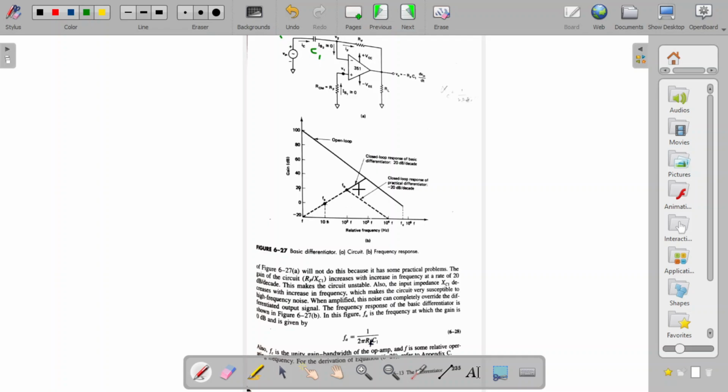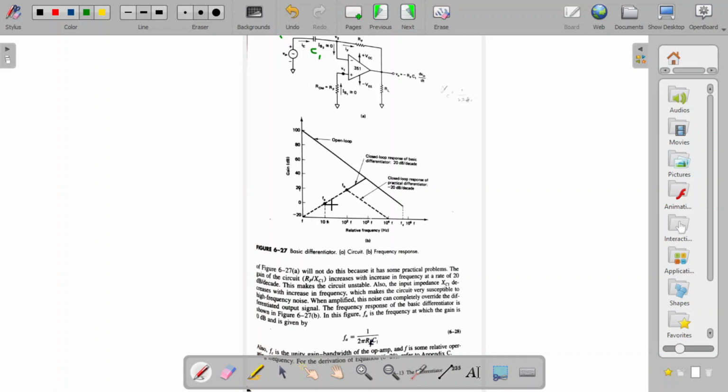So in the closed loop configuration, the frequency response is what you see here. Okay. So this is the open loop, and this is the closed loop response, basic differentiator. The output of the original differentiator you are seeing here is this dotted one, and the solid straight line is the frequency response of the differentiator circuit.